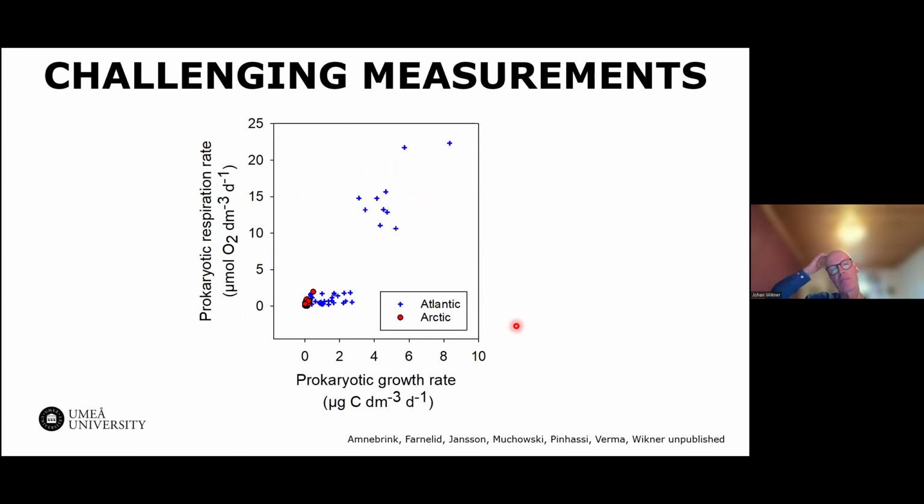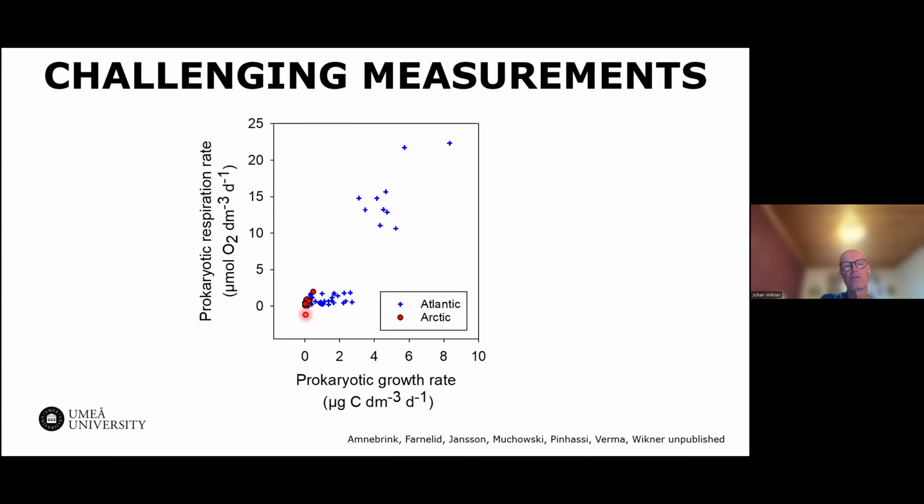Just to give you some perspective, we have some experiments with values we've measured ourselves outside the Swedish coast in the Atlantic here, and just to give the impression how low the values are, except for I think 1 point here, it's a cluster of values very close to 0 down here. So for the growth rate, we have like 10 to 40 times higher values in the Atlantic than in the Arctic.